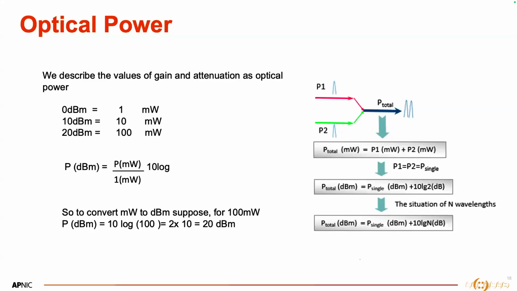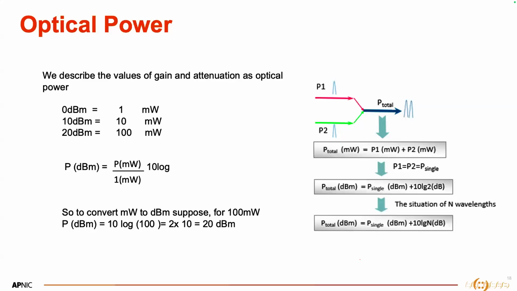They are supposed to be the same because we want the same level of transmission power for both the lambdas, so they will be minus 3, any one of them. So the single wavelength power is minus 3 here in this example, plus 10 base log 2. Here we have only 2 lambdas, P1 and P2, so in this example, n will be 2.